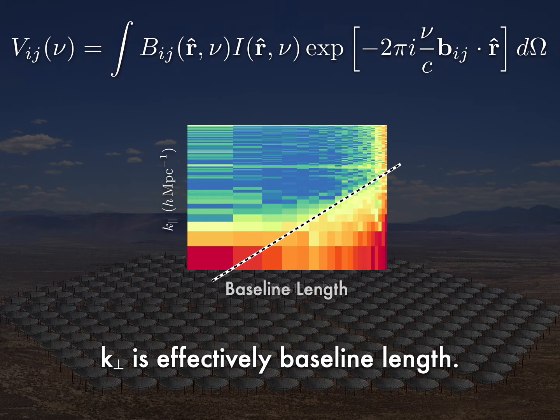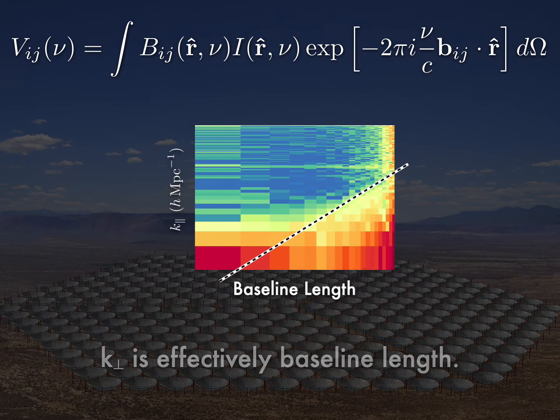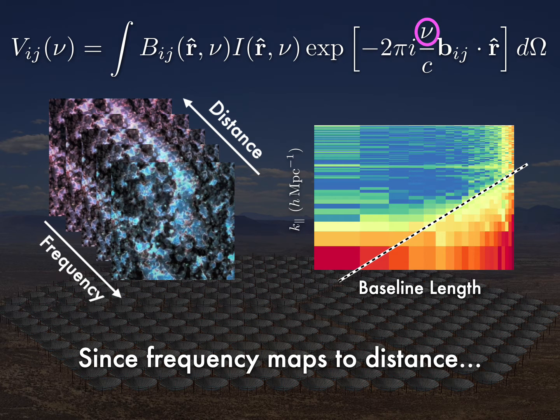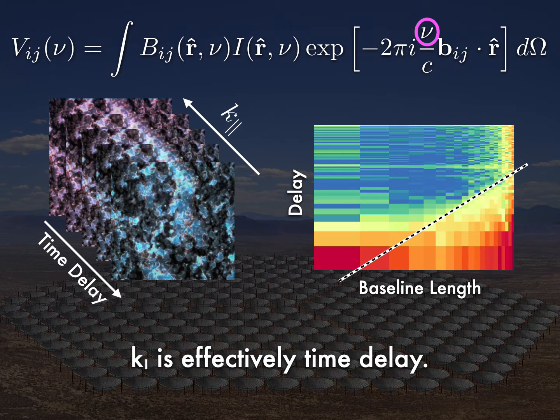And likewise, for k parallel, because frequency maps to distance, so closer is bluer and further is redder, if you Fourier transform distance, you get k parallel, and if you Fourier transform frequency, you get time delay. So really, you can think about k parallel and k perpendicular, the space in which we want to make our measurements, as very closely associated with baseline length and time delay.